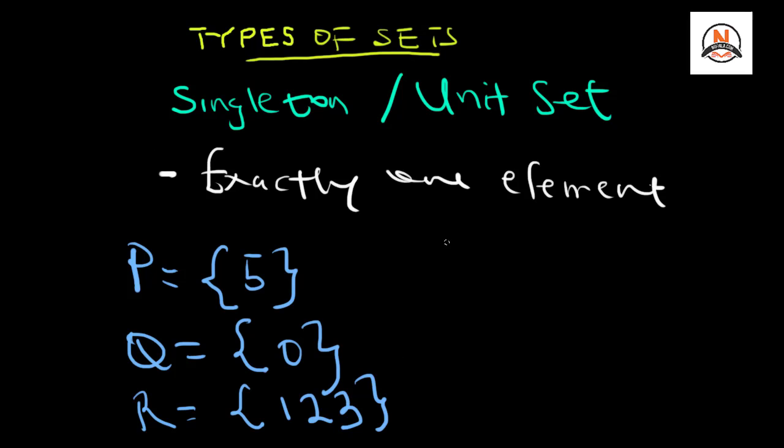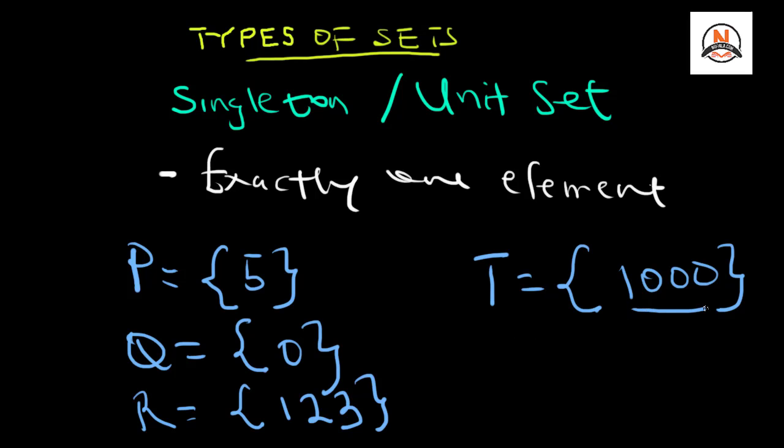And finally, let us consider another set, set T. Set T is 1000. And of course, it also has just one element, the number 1000. All these sets I've written here are all unit set or singleton set. Let's move on to the next type of set, the finite set.